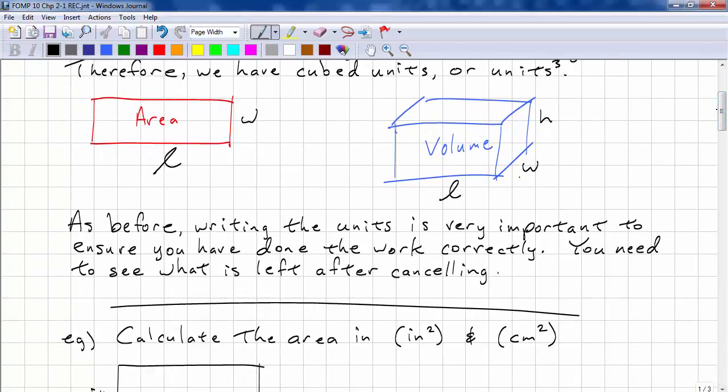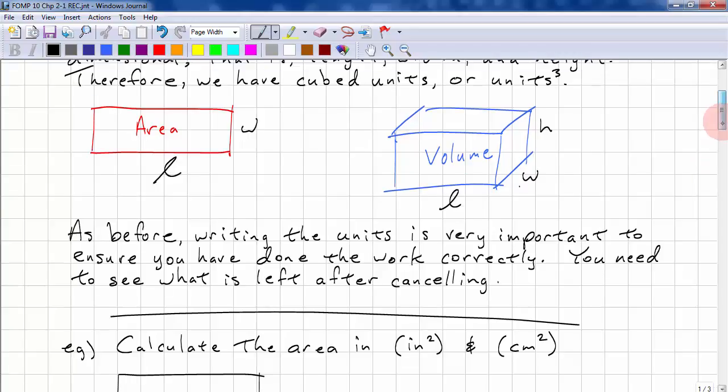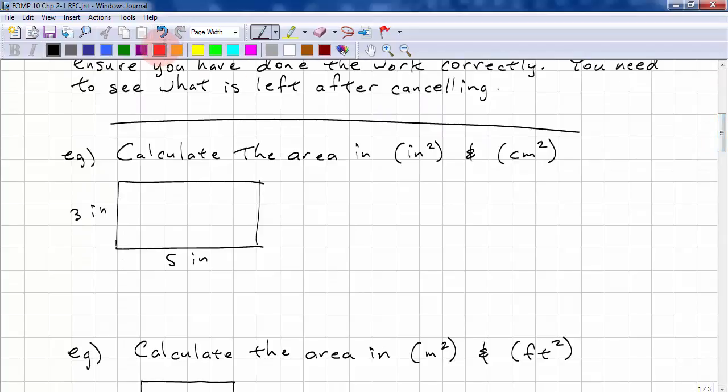Now, as before, writing the units is very important to make sure that we've done the work correctly. And we need to see what's left after canceling. So here's an example. Calculate the area in inches squared and centimeters squared. We have 3 inch by 5 inch.